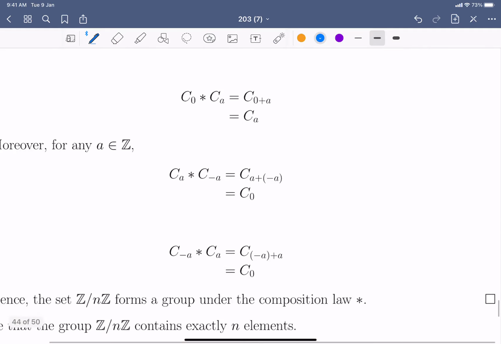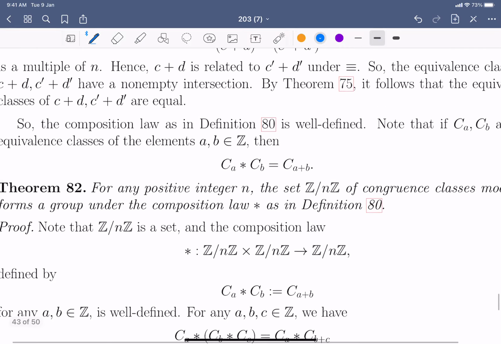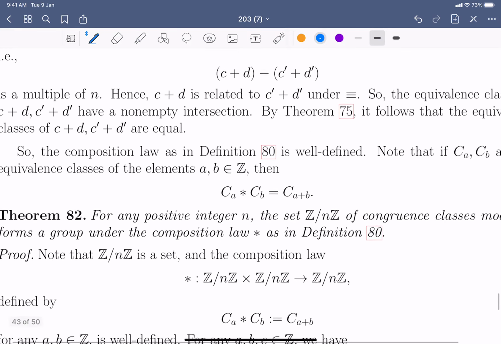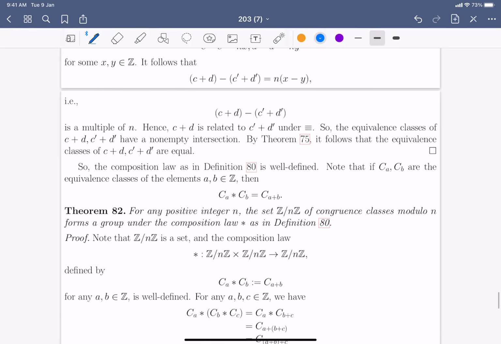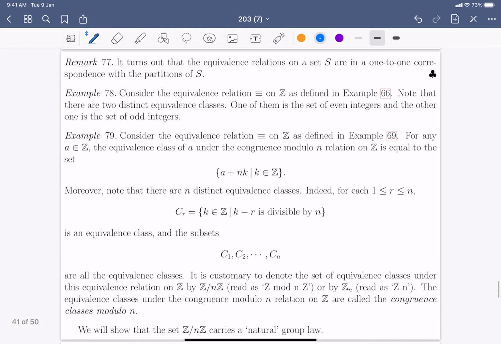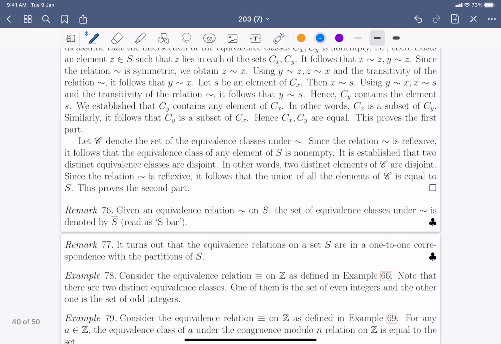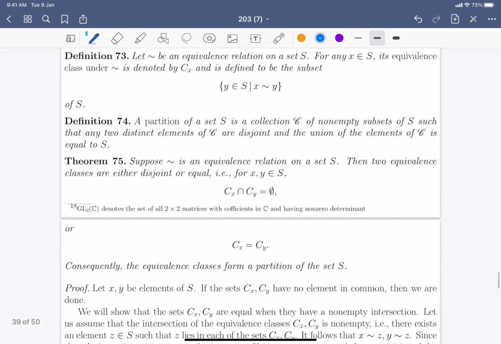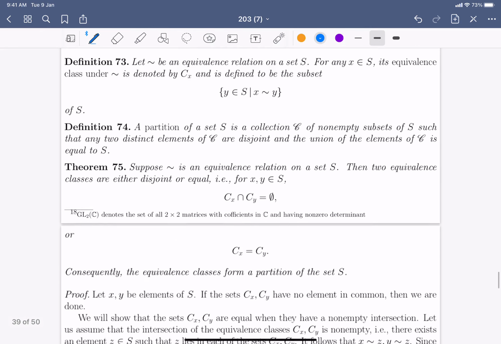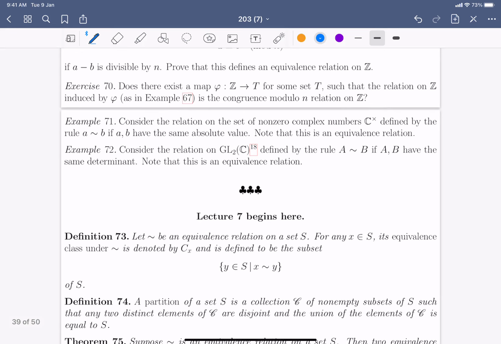Maybe earlier you introduced the symbol CA and CB to denote the equivalence classes. Was that the notation from the very beginning? Yes, CX was the notation for the equivalence class of the element X, that is, the set of all elements of the set S which are related to X, or to which X is related.